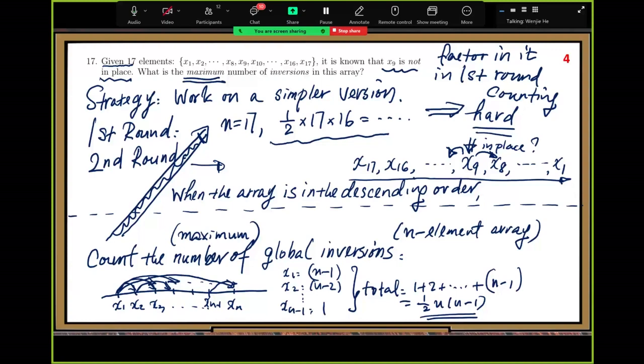Only do the switch with one of its adjacent elements. In that way, you only reduce the inversions by 1. Other inversions, you still keep them. You do not change other inversions.